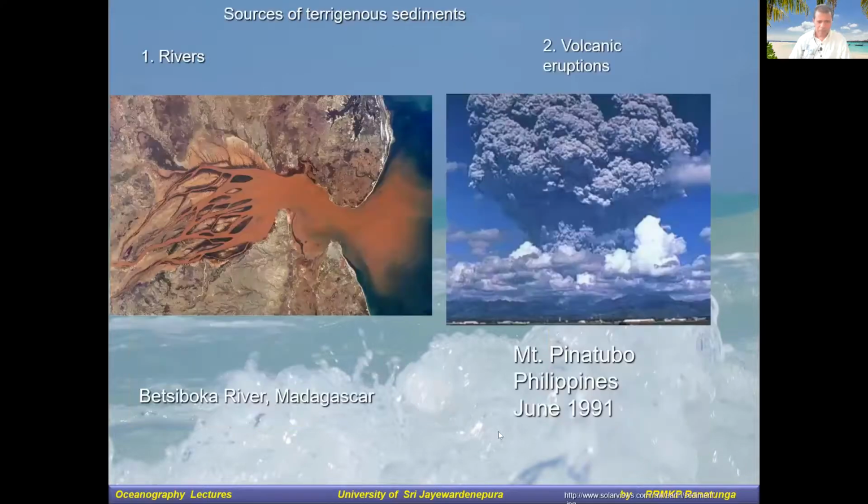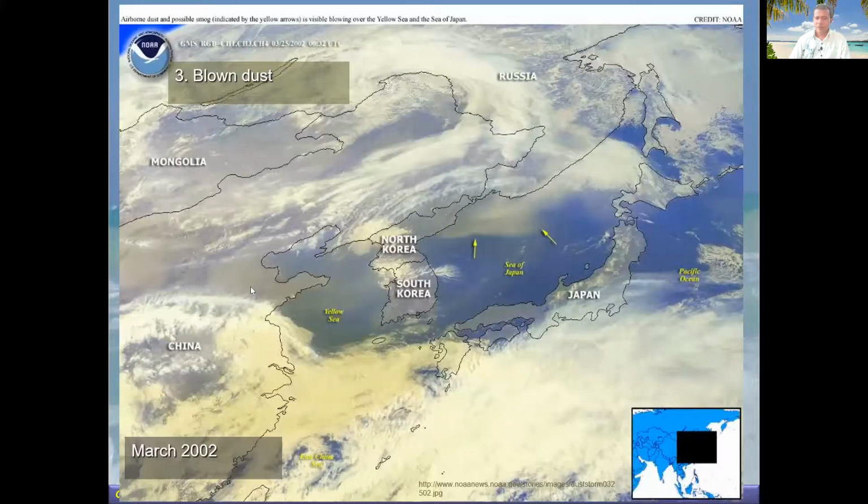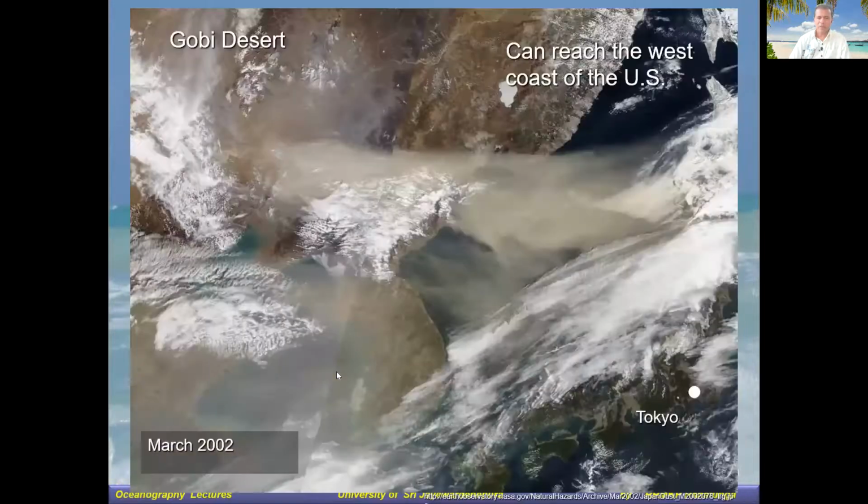Anyway, so the ocean gets this Terrigenous sediment, or the earth-produced sediment, from rivers like here, and the volcanic eruptions, and as we discussed before, the blown dust carried by the wind can go across the ocean and be deposited.